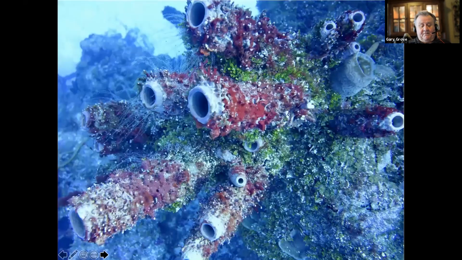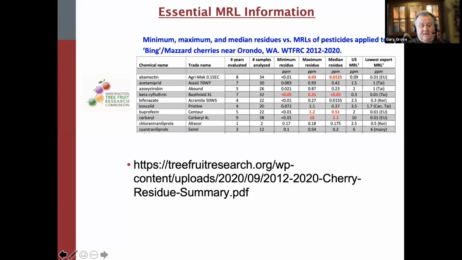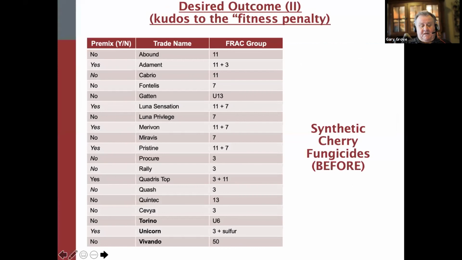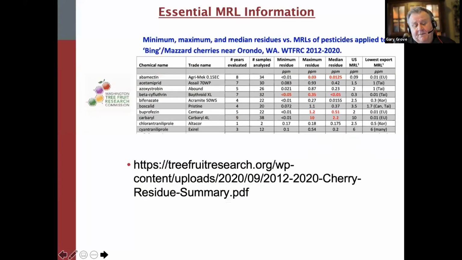Extremely valuable, and maybe I skipped over it. Well, the slide was embedded, but I found the export manual on the Northwest Horticultural Council website extremely informative in putting this together. So I'm not an expert on MRLs and marketing, but a lot of the information is available about this.